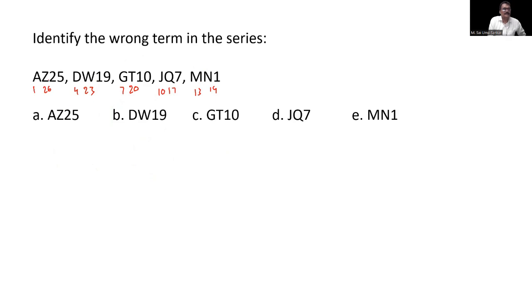If you observe, the difference between 1 and 26 is 25, the difference between 4 and 23 is 19, the difference between 7 and 20 is 13, which is not equal. Here 10 and 17 is 7, 13 and 14 is 1. So what happened? Suppose in this case 13 is there, GT13, which is the required answer. But here GT10 is there. So what is the wrong number? GT10.